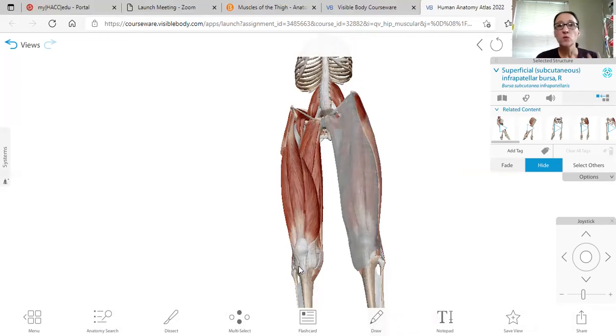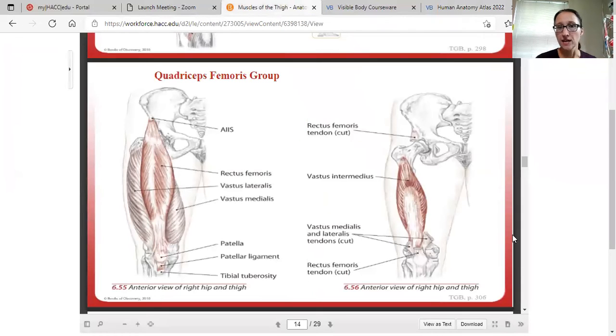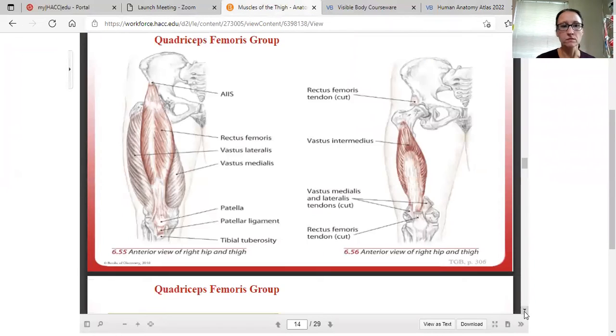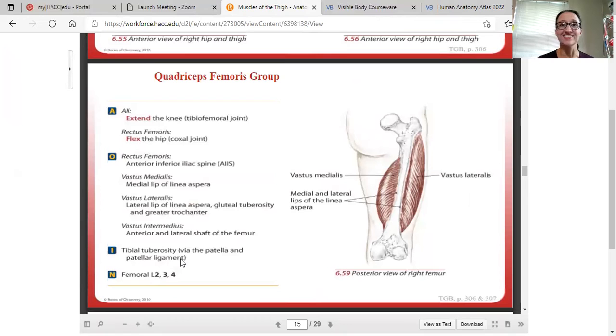So in order to describe this, what we say is the tibial tuberosity via the patella and the patellar ligament. So that's the insertion, because they're trying to describe how that one structure is actually kind of divided into two. It's confusing, I know. But tibial tuberosity. So anyway, all the origins are different, but the insertion is the tibial tuberosity.